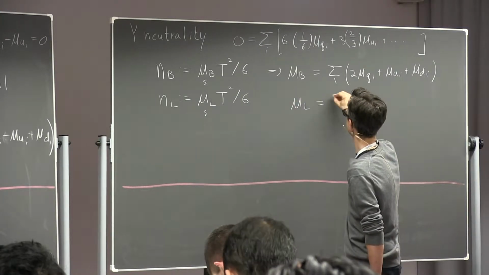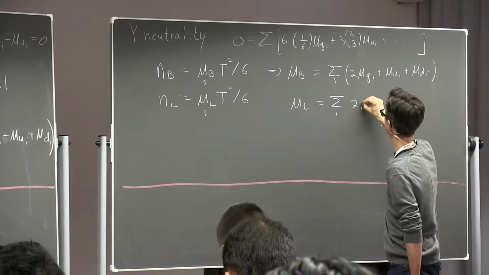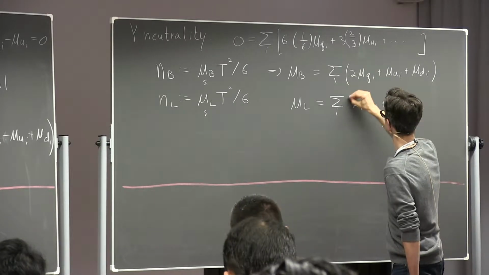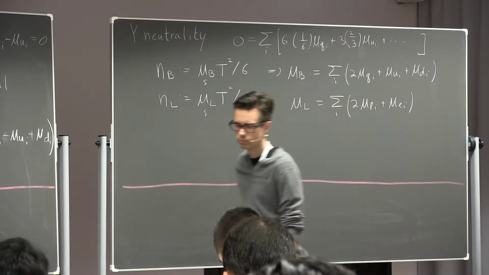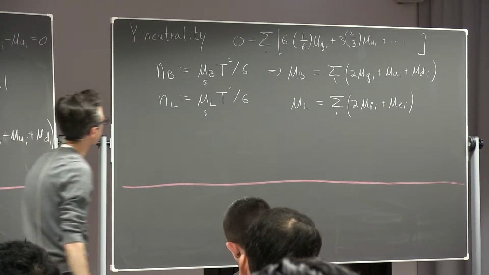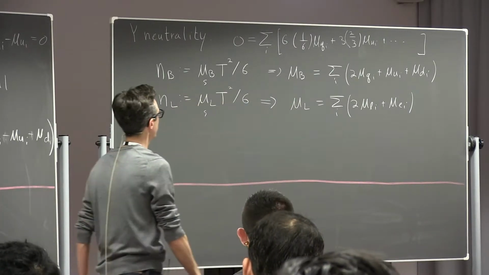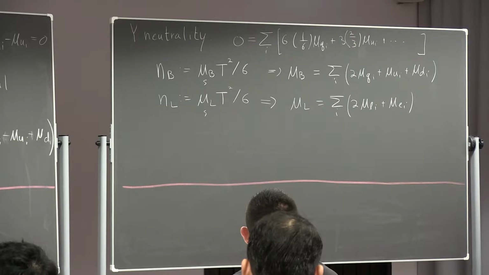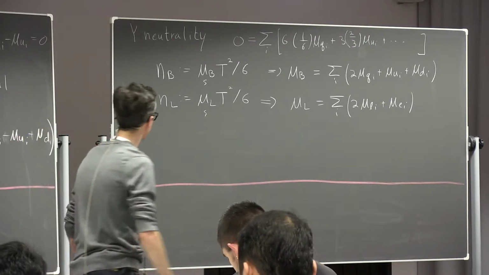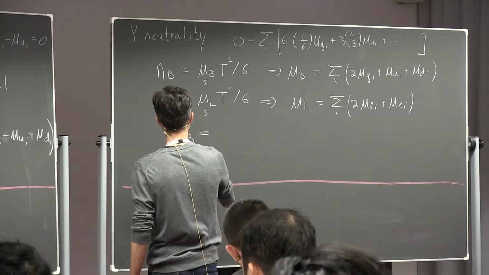For mu l, I get a similar sum on i, and here I get 2 mu li plus mu ei. Okay, so in terms of these definitions of chemical potentials for baryon and lepton number, and all my other constraints, you take this big system of linear equations, you simplify and solve, and what comes out at the end of the day is you get the relation for mu b and mu l.